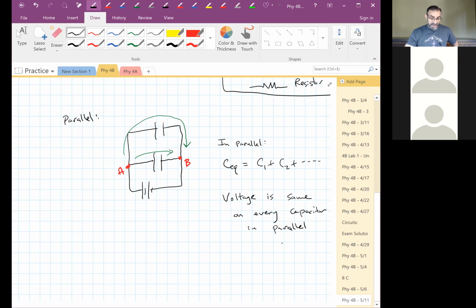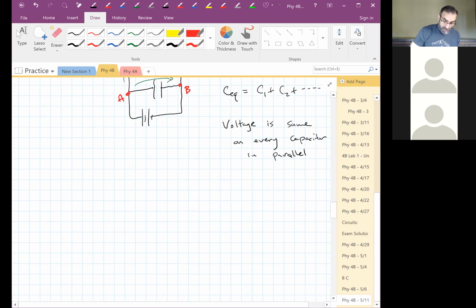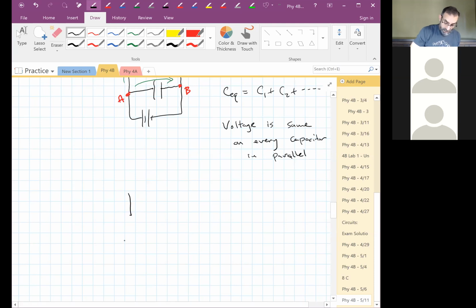Because they're connected electrically to each other. It doesn't matter, if I have a plate here and a plate here, and I connect them with a wire, as the battery tries to push whatever it is, electrons onto that plate, the electrons say, oh, wait a minute, there's another plate that's connected here.